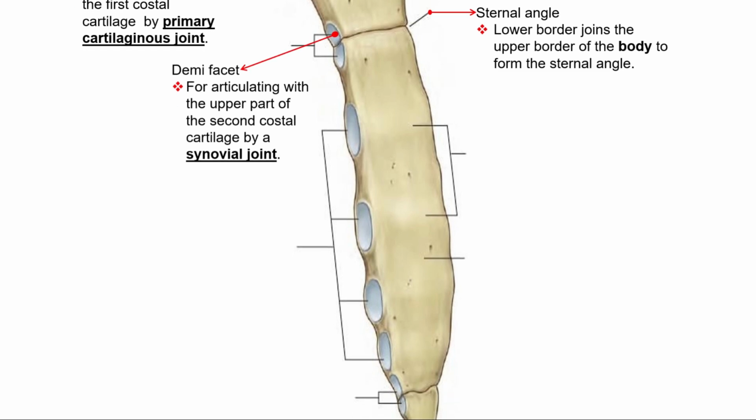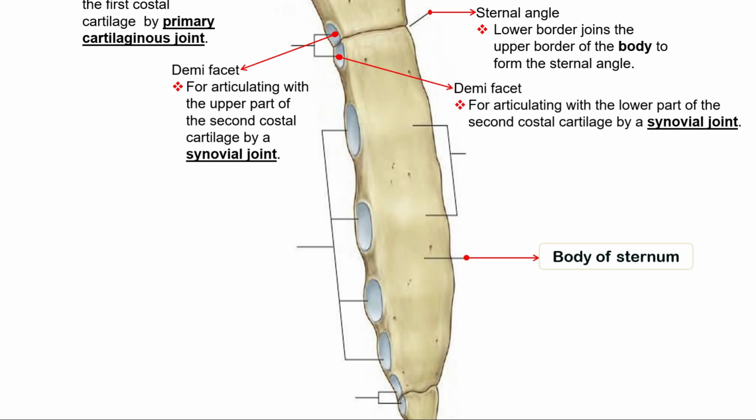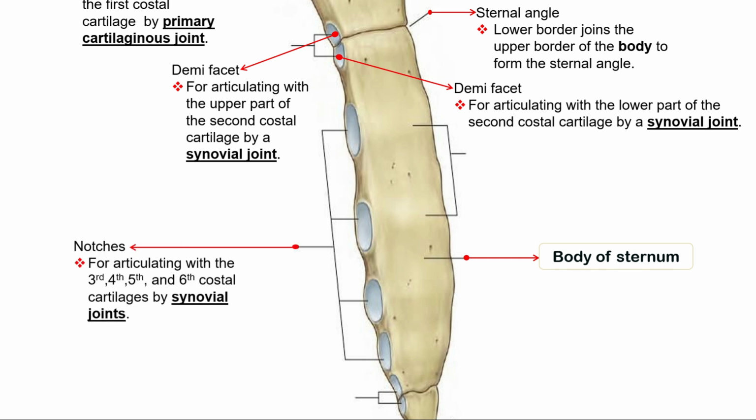Next in line is the body of the sternum. This presents a demifacet for articulating with the lower part of the second costal cartilage. That means the second pair of ribs articulates with both the manubrium and the body of the sternum. It has notches for articulating with the third, fourth, fifth, and sixth costal cartilages.